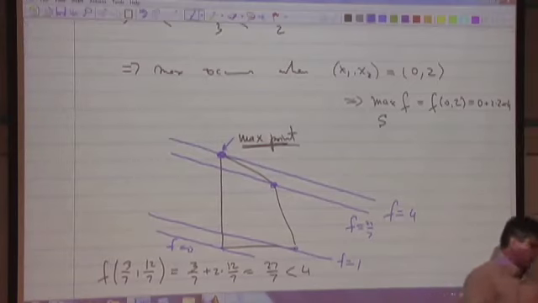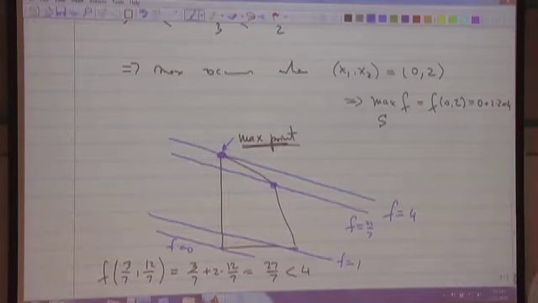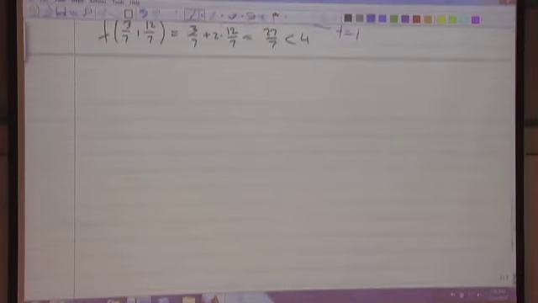Now what happens if you don't have this visual tool? What happens when you have several variables? Okay, so let me formulate the problem.